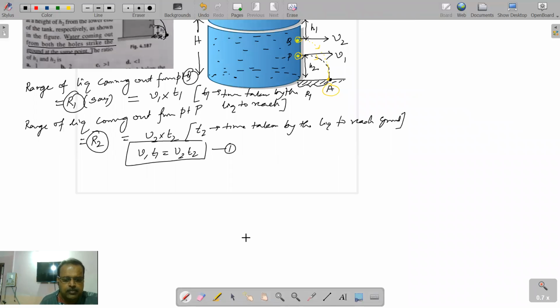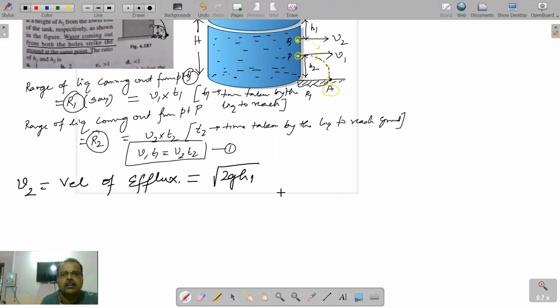Now this is the first equation. Now we know that V2 is basically the velocity of efflux, and we know the velocity of efflux is root over 2gh1. If you consider V2, the velocity of efflux at the point Q is above.